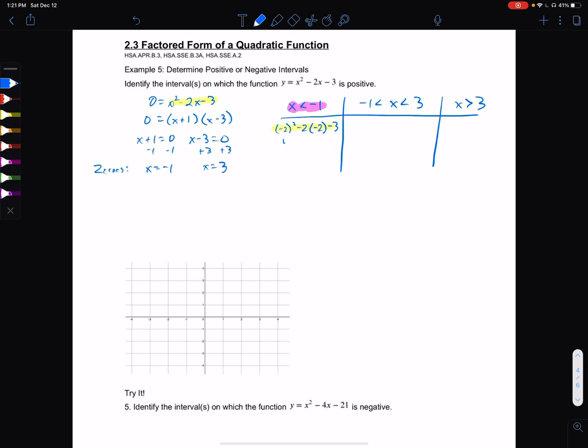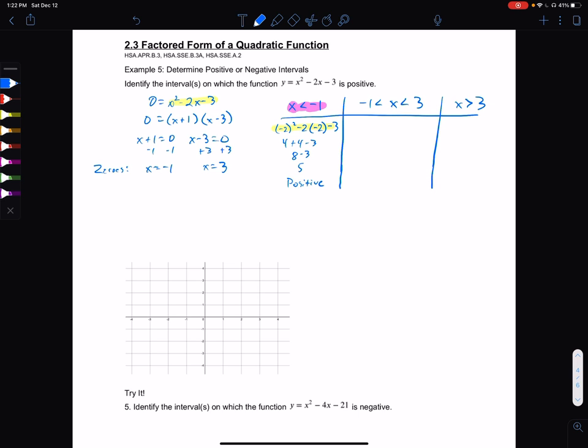When I solve this, I get 4 plus 4 minus 3. 8 minus 3 would be 5, and that is a positive number. So since that's positive, the interval x is less than negative 1 is going to be a positive interval. Now I'm going to do the same thing for the middle piece and the right piece.